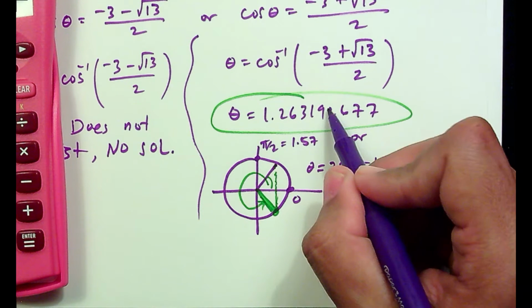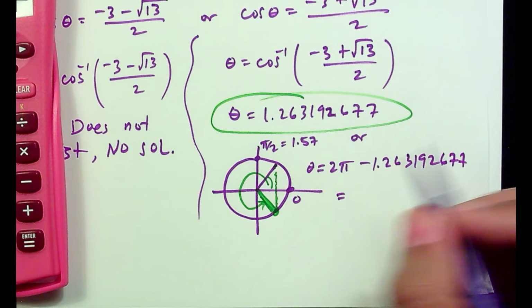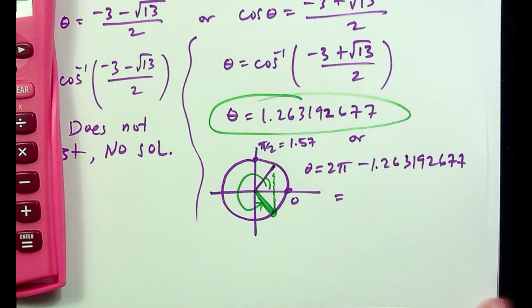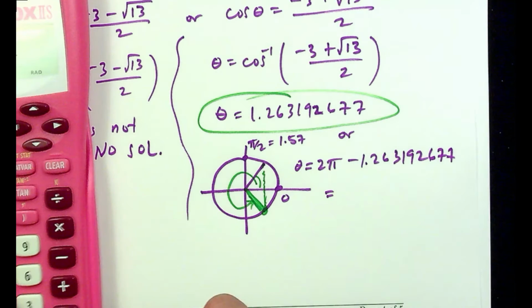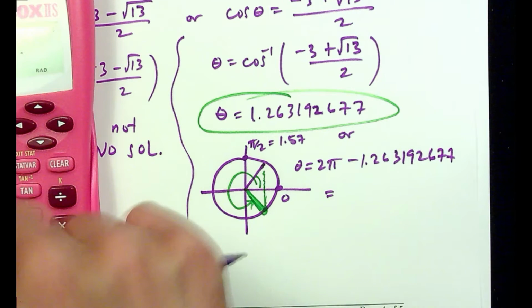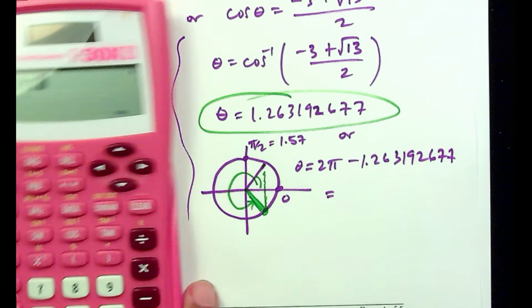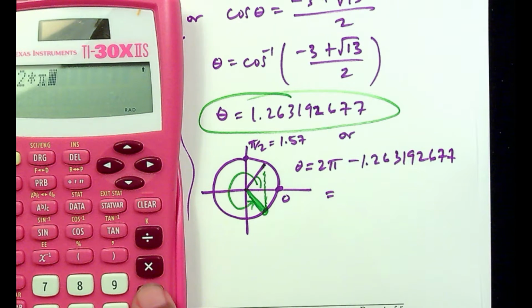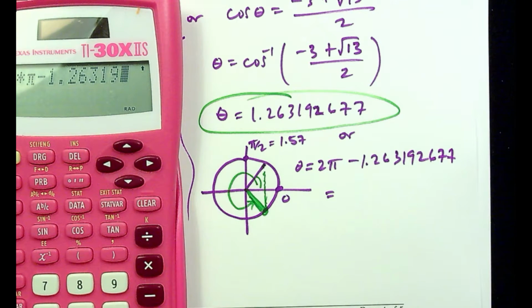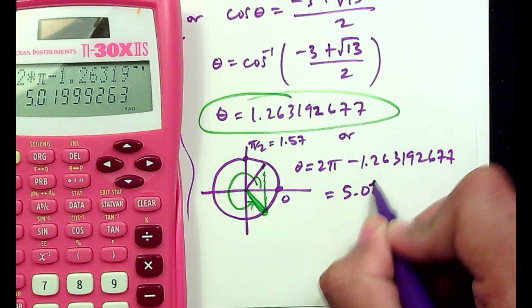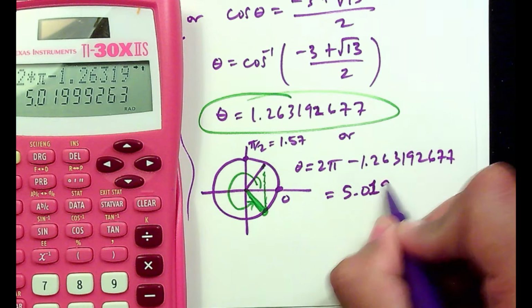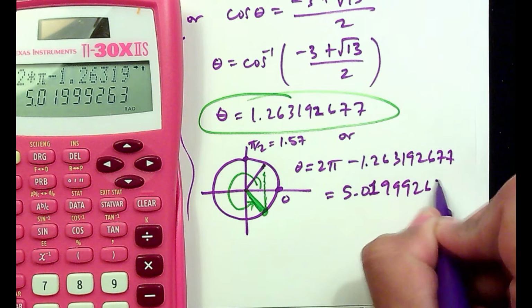1.263192677. Remember that typically we don't round off until we're done with the problem. So that's why I haven't rounded. 2 times pi minus 1.263192677 gives 5.019999263.